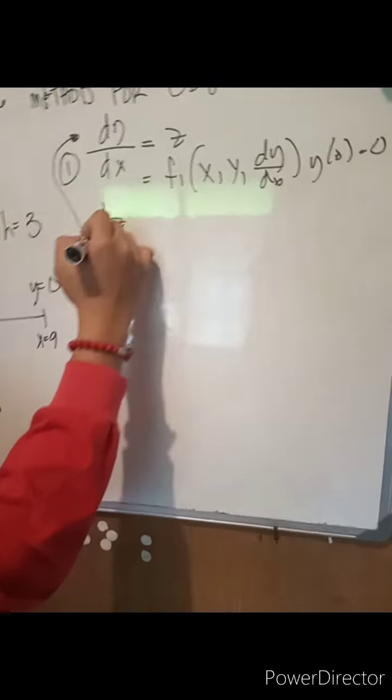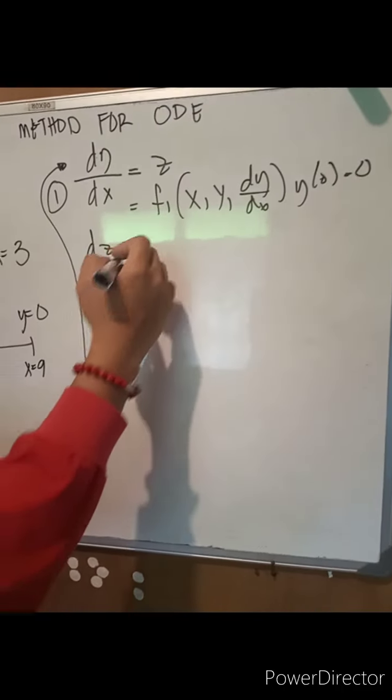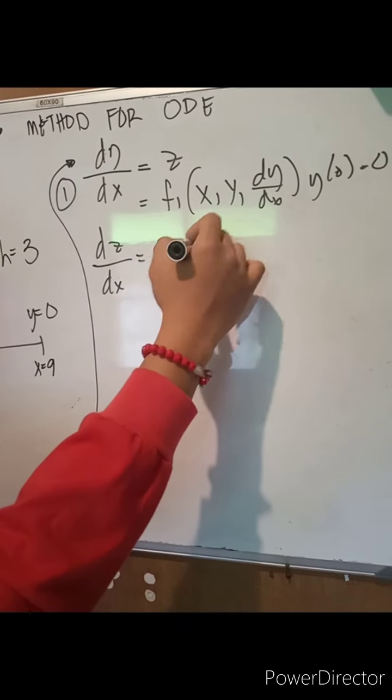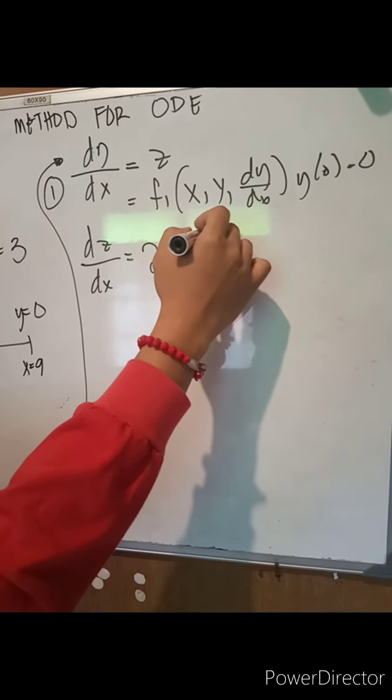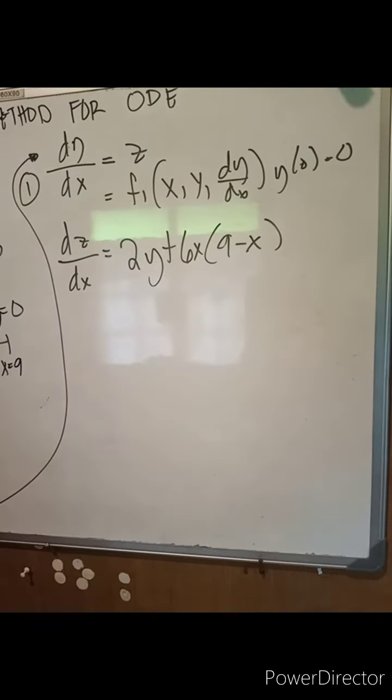Yung dz naman over dx is equal siya sa 2y plus 6x times (9 minus x).